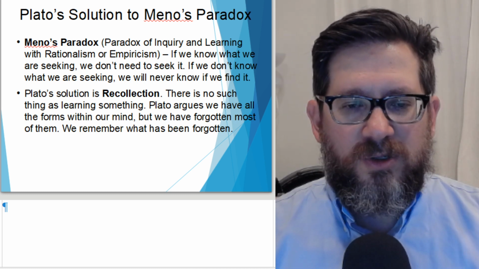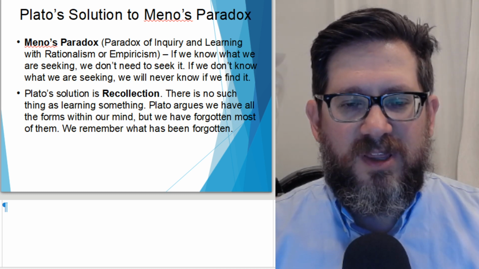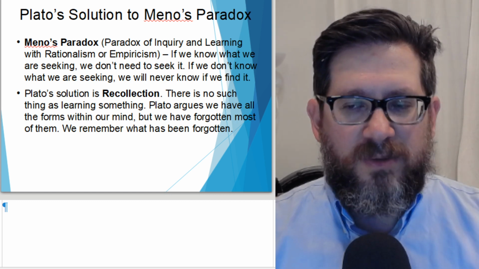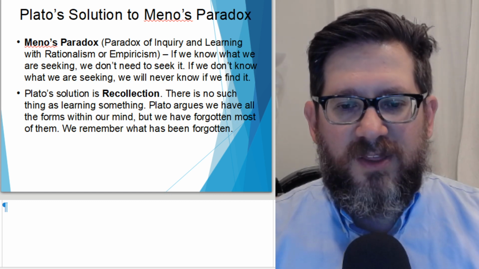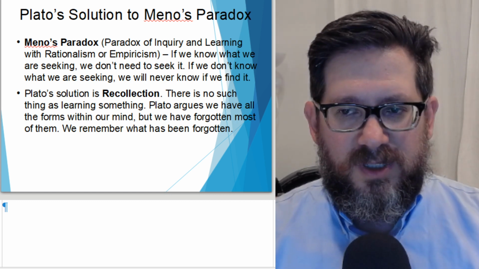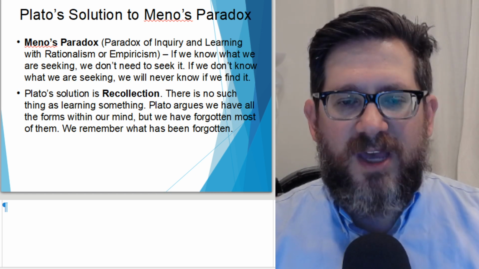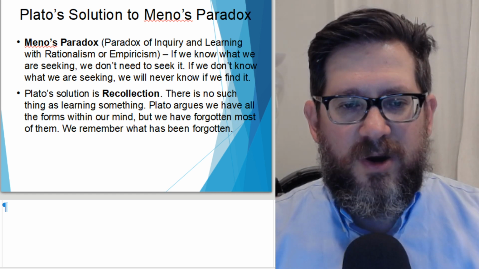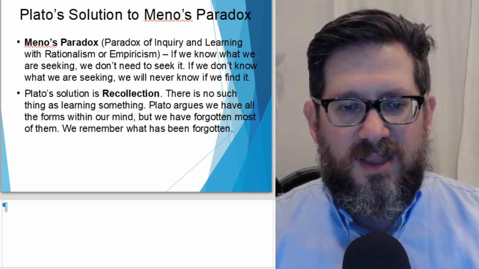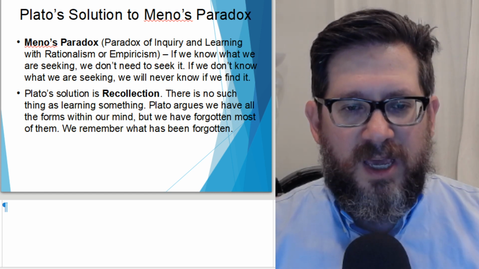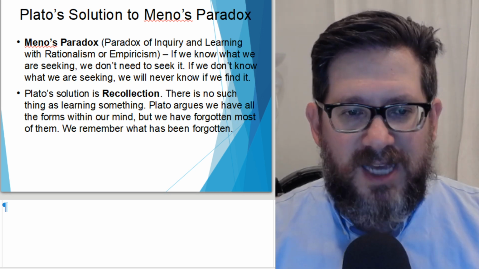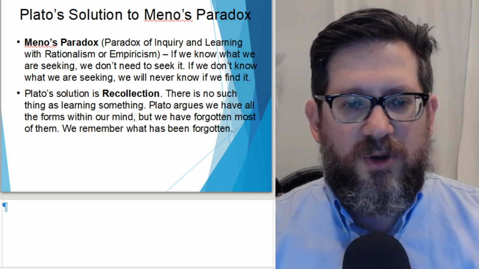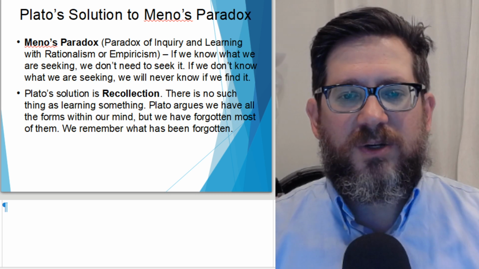Or if we're trying to learn something, how would we ever know that that's actually what we're trying to learn? Because we have nothing to compare it to set off the light bulb. Oh yeah, this is it. So it seems in Meno's Paradox that learning, inquiry, does not make sense whether you're a rationalist or an empiricist.